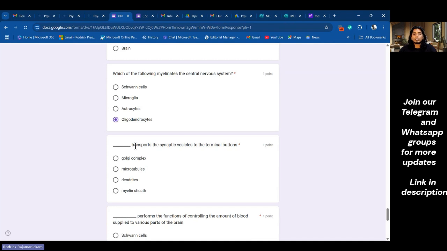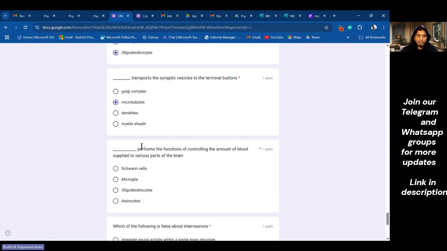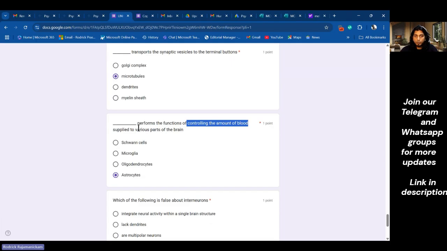Which transports the synaptic vesicles to the terminal buttons? It is the tubules from the cell body to the terminal buttons that transport synaptic vesicles, which have neurotransmitters packed inside them. Next, which performs the function of controlling the amount of blood? We just saw it, it's astrocytes, so blood is supplied to various parts of the brain.